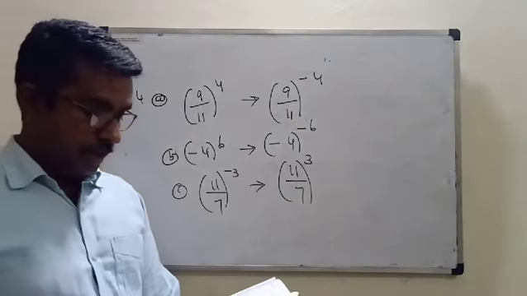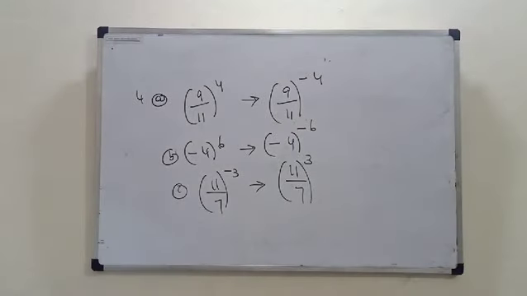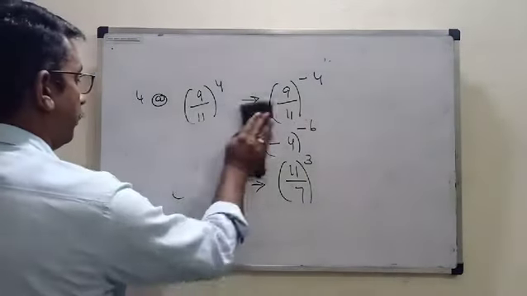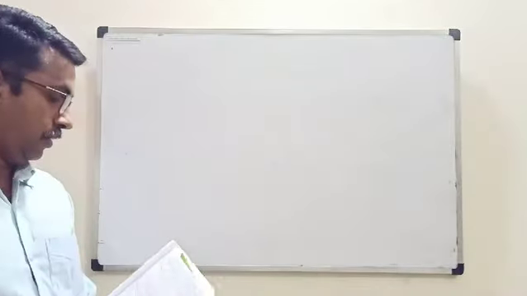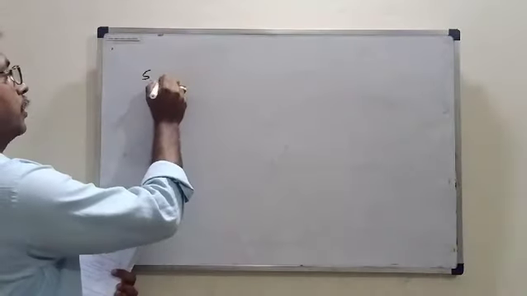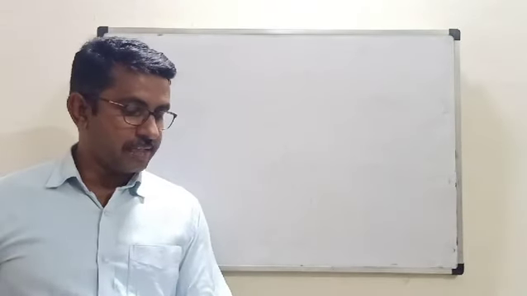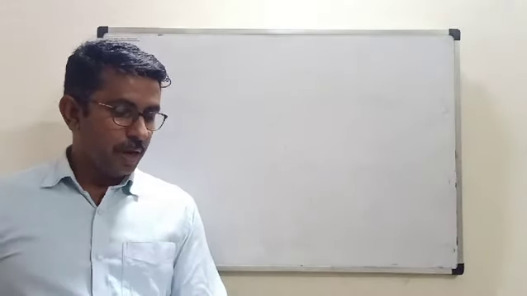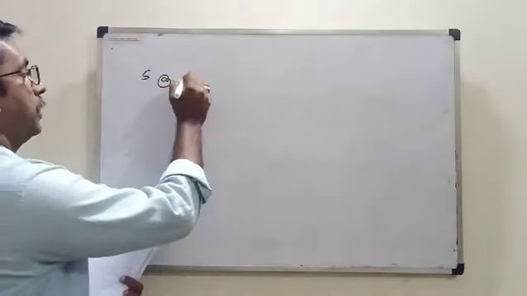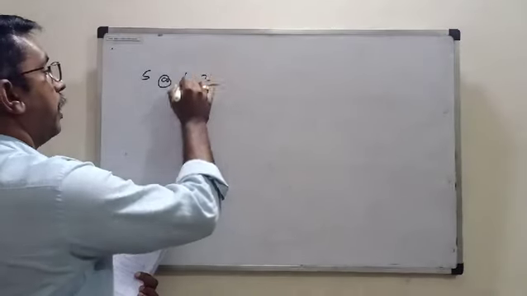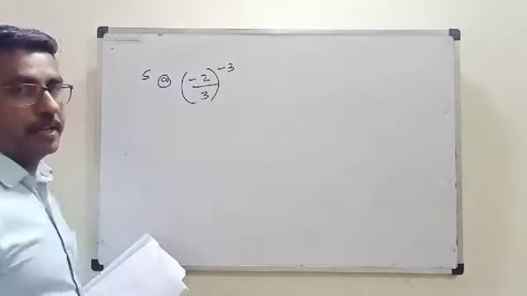Okay. Now, see question number 5. Simplify and express as a rational number in its lowest form. See A. Minus 2 upon 3 to the power minus 3.